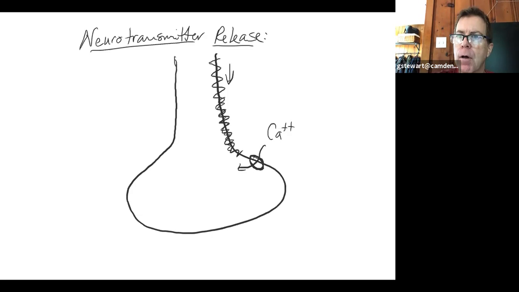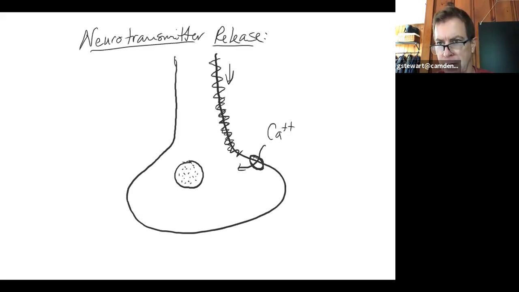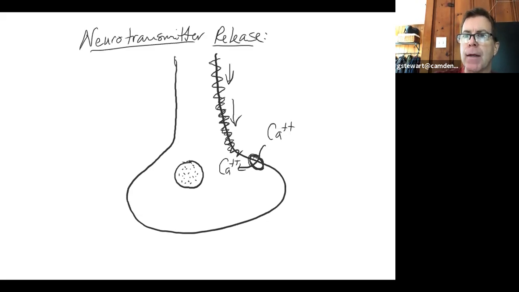We know that neurotransmitter is stored in these big bubbles called vesicles. So the specks are the chemical, the neurotransmitter, and this bubble is a vesicle. When calcium enters the cell from this electrically gated channel, from this action potential coming down, calcium binds to a protein on the surface of this vesicle. That protein is called a synaptotagmin.